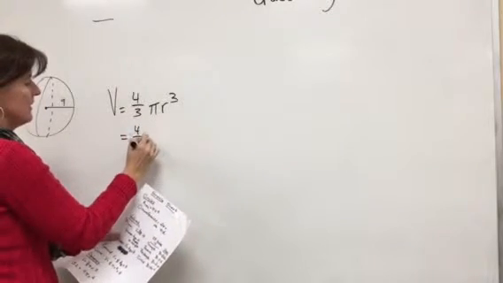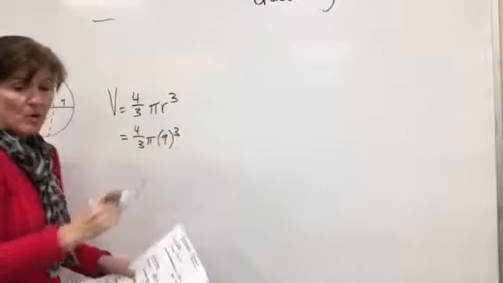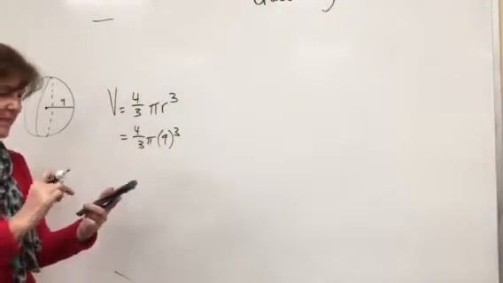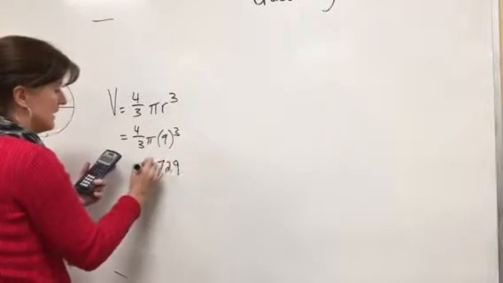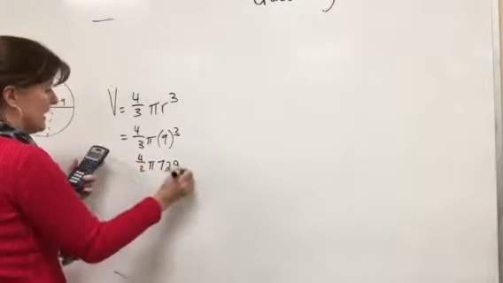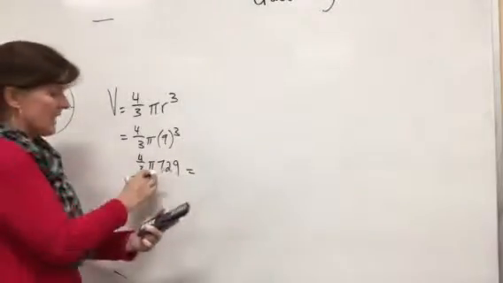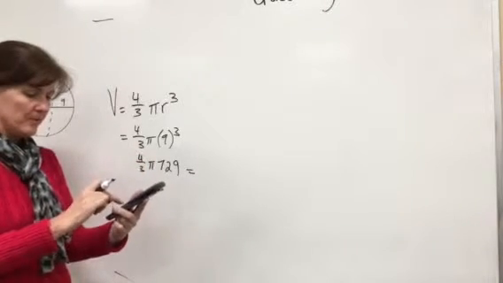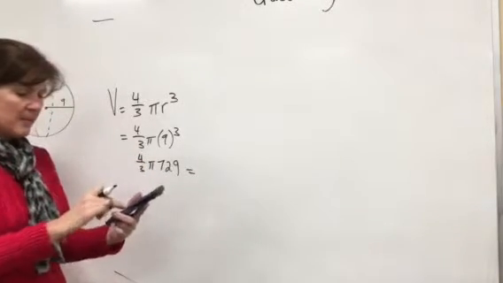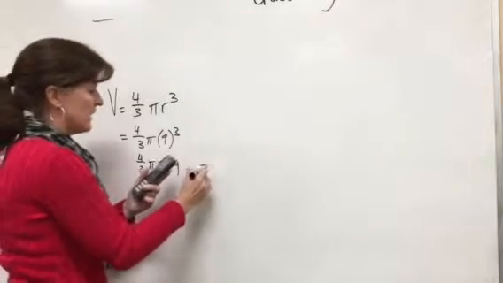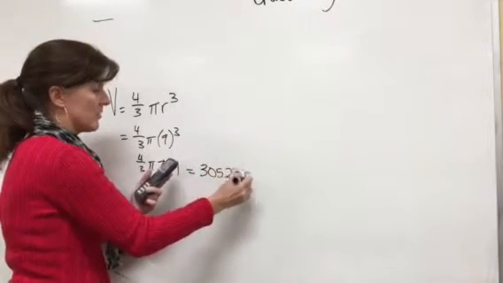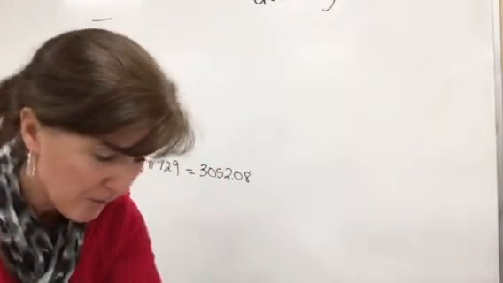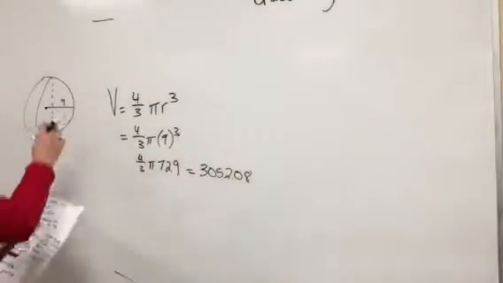My r is 9, so I'm going to cube 9. 9 times 9 times 9 equals 729, times pi, 3.14, times 4, and then divided by 3. My answer is 3052.08.